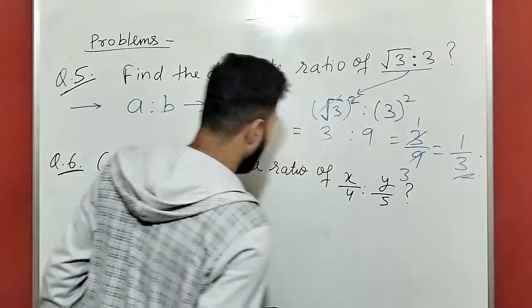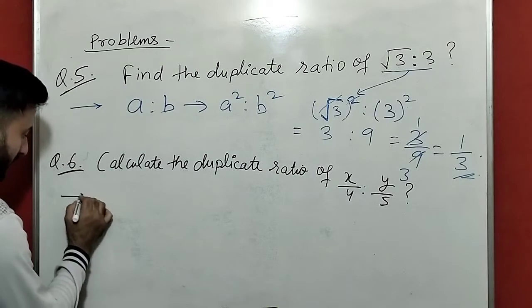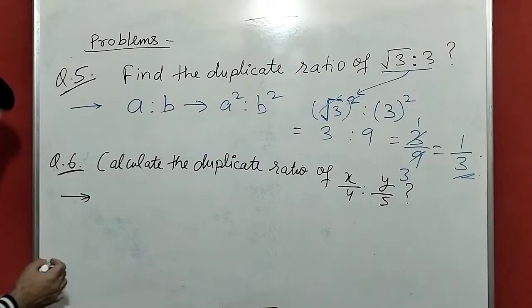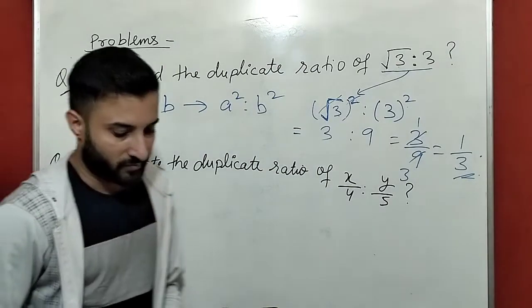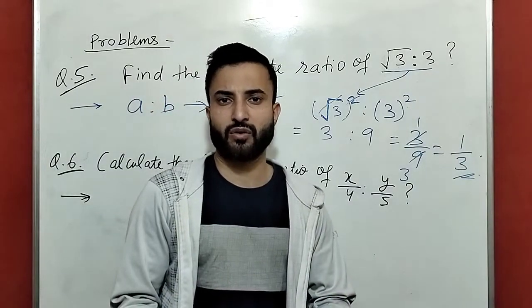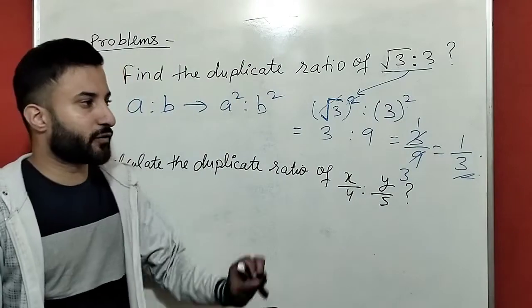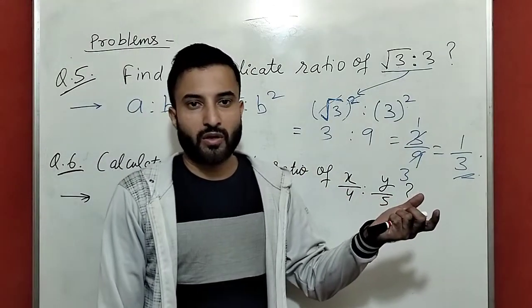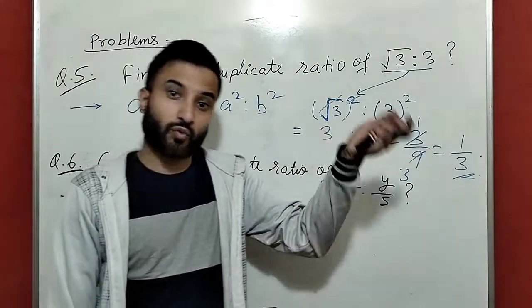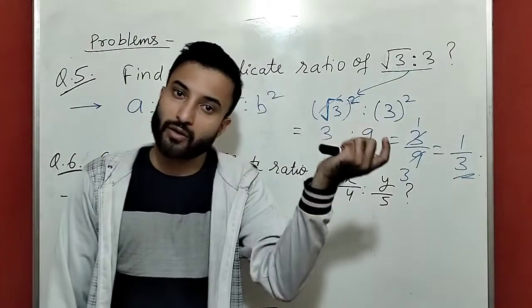You have to calculate the duplicate ratio. So what is the formula for duplicate ratio? We will do the square of the given ratio. That's it. Triplicate ratio means cube of that ratio. Subduplicate, square root. Subtriplicate, cube root.